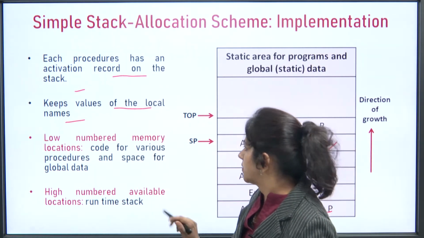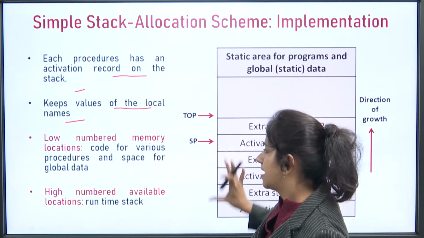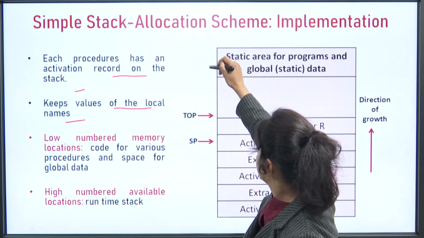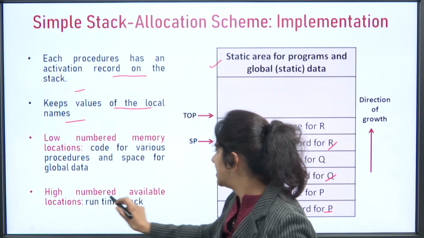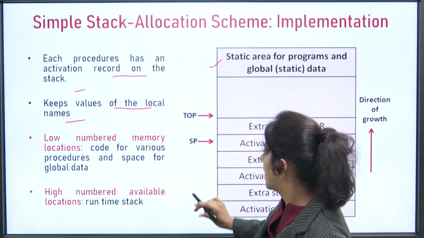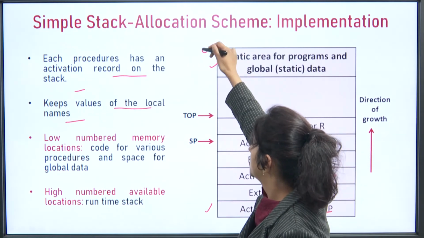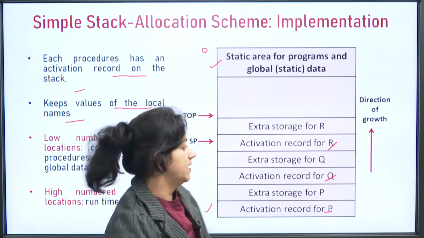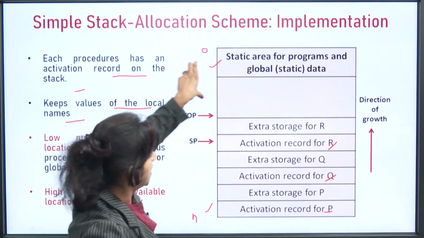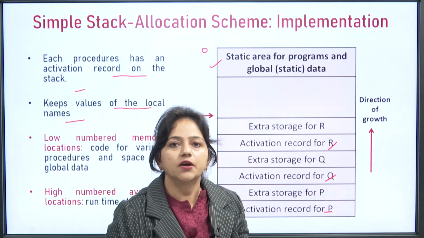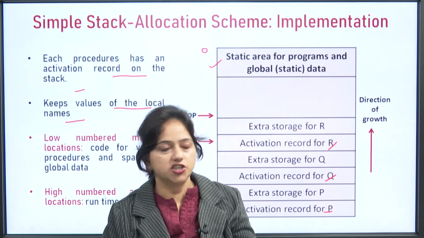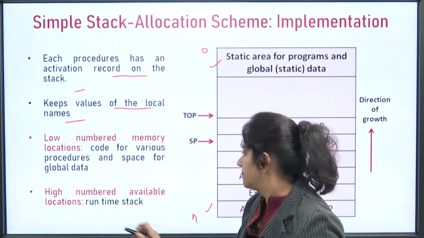So, here we can say two segments are there, one is the low numbered memory location and the second is the high numbered available location. We are assuming this is at low index and this is at high index. At the low numbered memory location we store the global or static data, while at the high numbered available location we store the runtime stack.